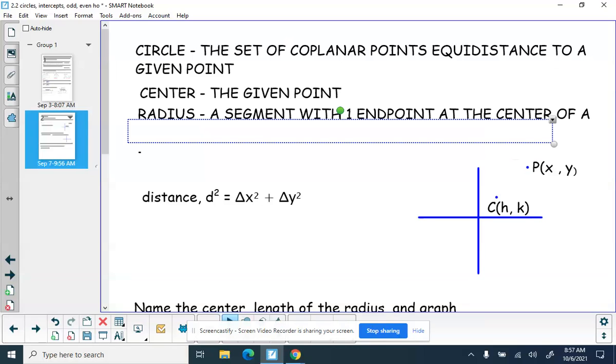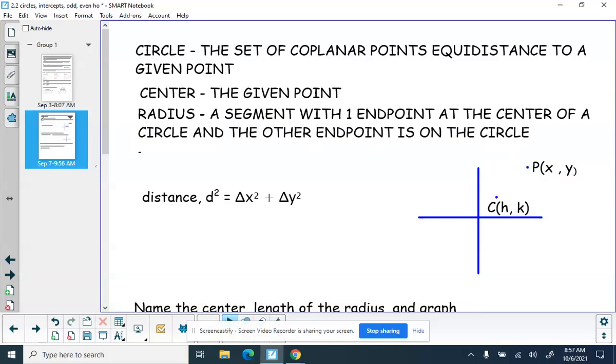The radius. Once again, by definition, what the radius is, it is a segment. It is a line segment, which means you have to have two endpoints. If it is a segment, you have a beginning spot and an ending spot. It's a segment with one endpoint at the center of the circle and the other endpoint on the circle.